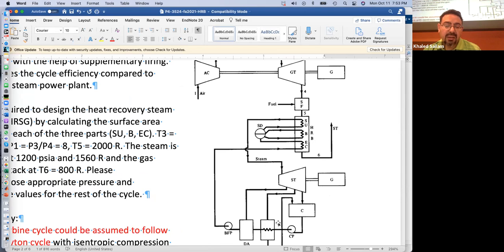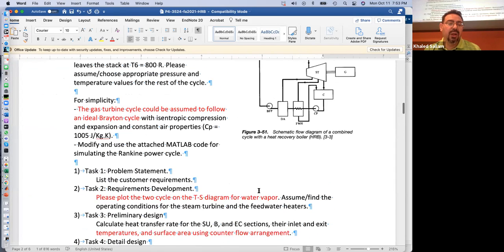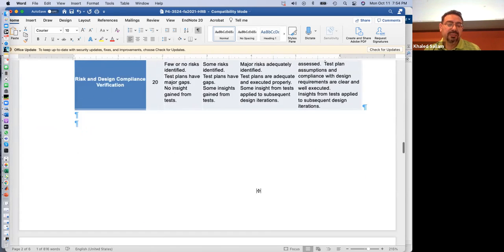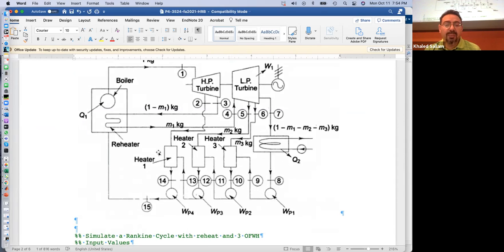It will depend on how many reheating, how many economizer and feed water heater you're doing. Are you going with this design, or are you going with this design, right? So you will pick the part here to tell I'm gonna have that temperature.